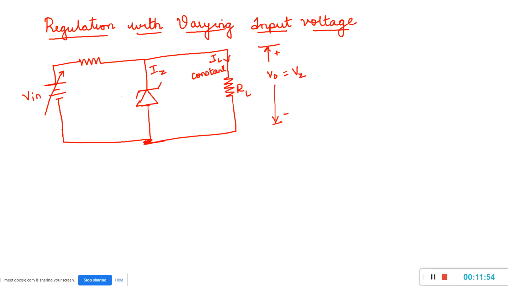So this figure shows us a Zener regulator under varying input voltage condition. What is the condition we need to consider here? We need to consider that this is a Zener voltage regulator with a varying input. Input value changes. Okay. So it can be seen that the output voltage V0 is equal to Vz, constant.